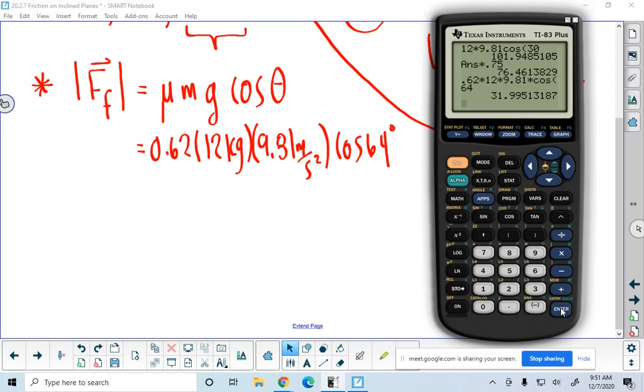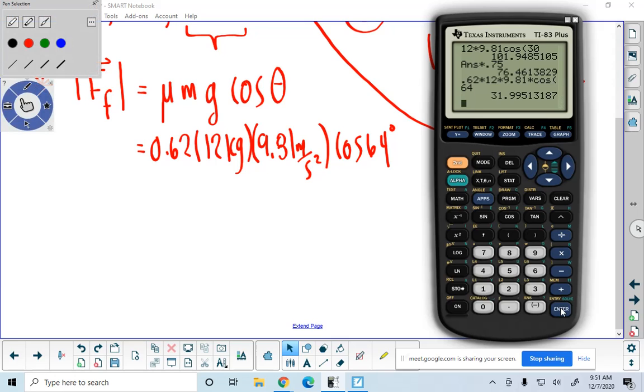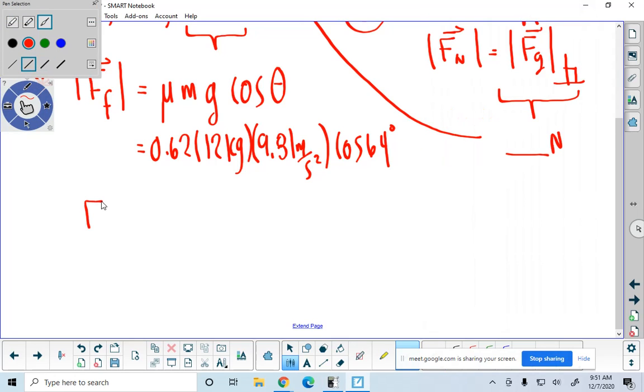What we get is a force due to friction of 32 newtons. So the magnitude of the force of friction is 32 newtons. Any questions with that calculation?